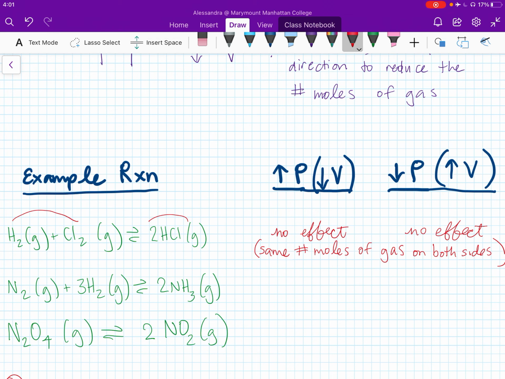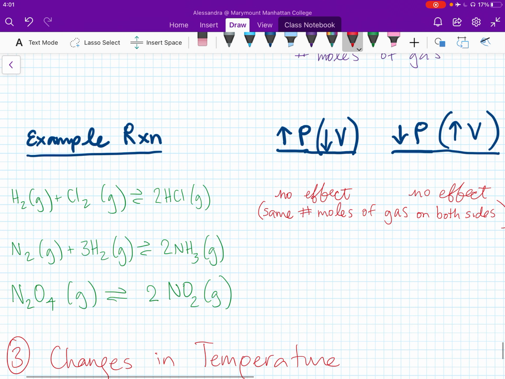In the second example, you have nitrogen reacting with 3 moles of hydrogen to make 2 moles of gaseous ammonia. So on the left side of the reaction, we have 1 plus 3 is 4 moles of gas total. And on the right side of the reaction, we have 2 moles of gas.